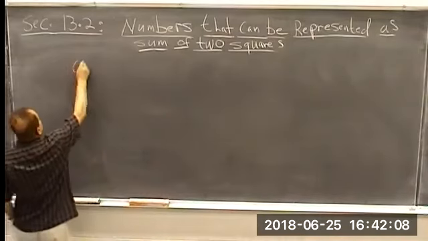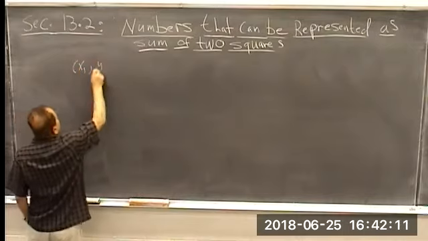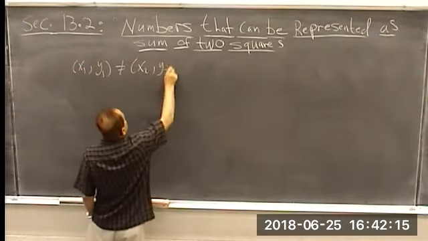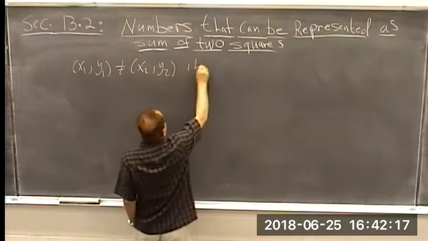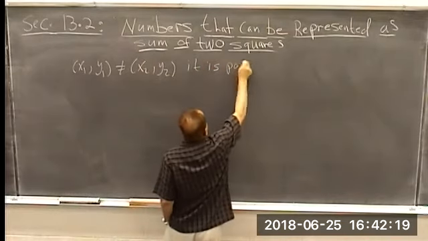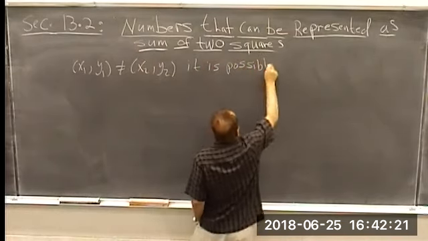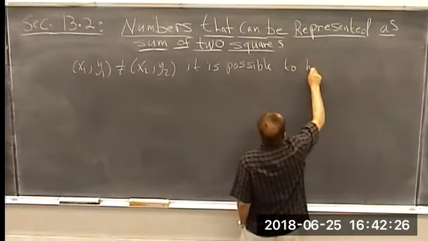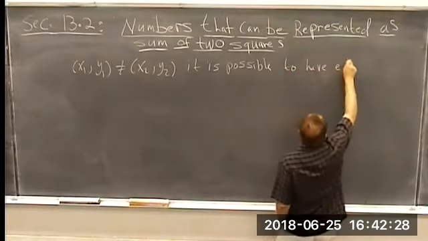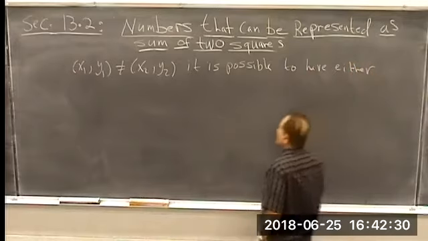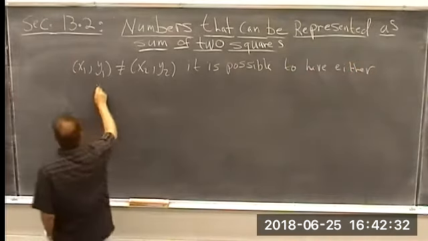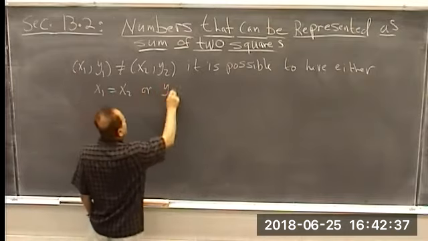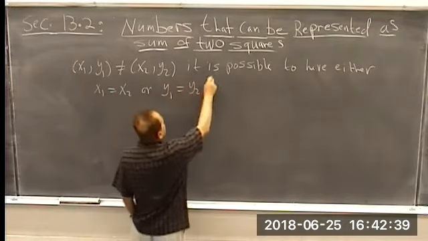So in here we have (x1, y1), which does not equal (x2, y2). It is possible to have either x1 equal x2 or y1 equal y2, but not both.